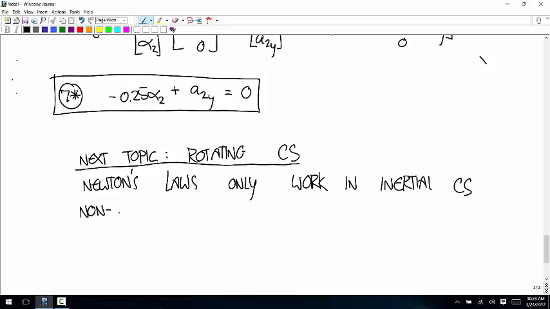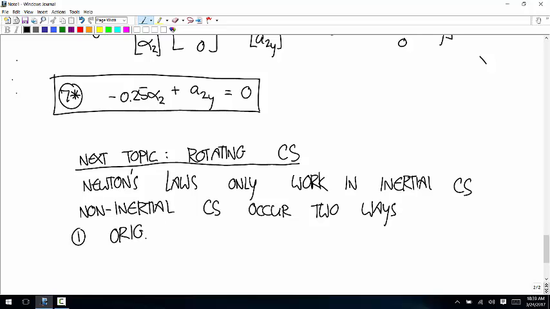Non-inertial coordinate systems, the ones that give us problems, occur in two ways. The origin is accelerating. And this is relatively easy. You use relative motion for this. Relative motion.